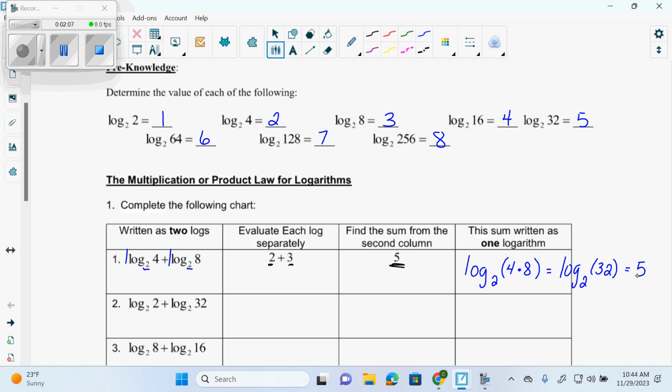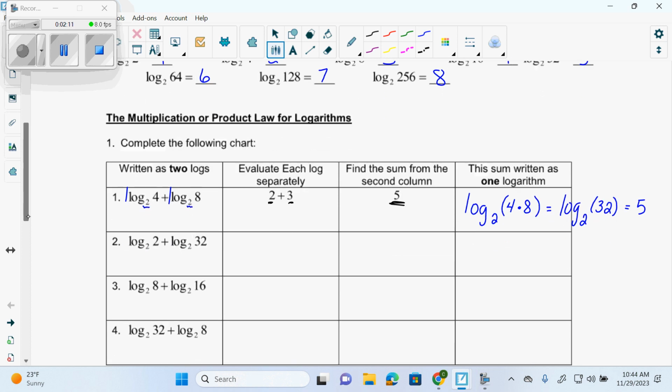That's the same work. We're going to look at number 4. So this one is log base 2 of 32. What's log base 2 of 32? 5, plus log base 2 of 8, 3, and 5 plus 3 is 8.